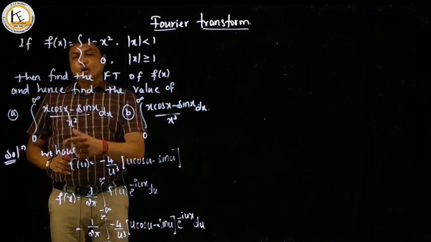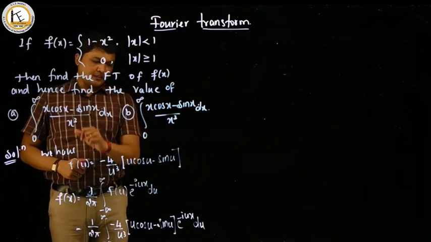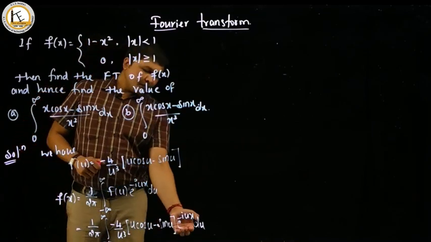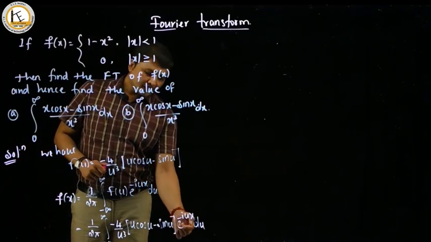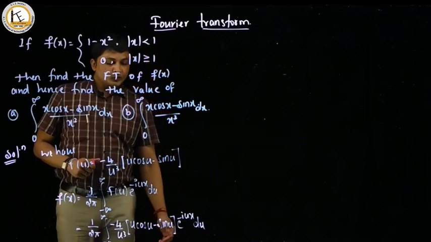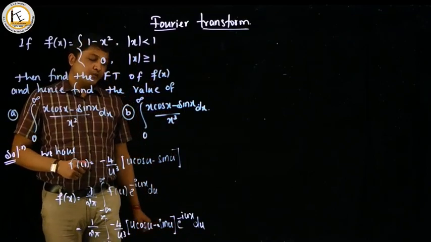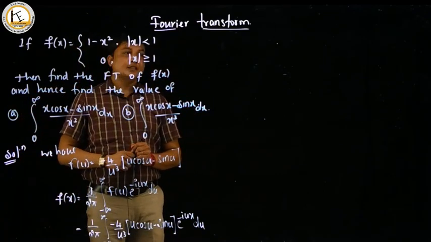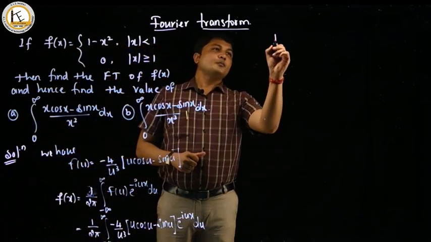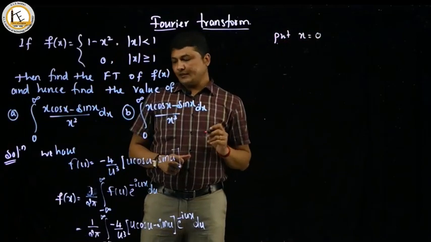When we observe this integral, we come to know that there is no exponential function here, but here we have an exponential function. Therefore we need to eliminate this exponential function so that we can reduce this integral into this form. So for that we put x equal to 0.